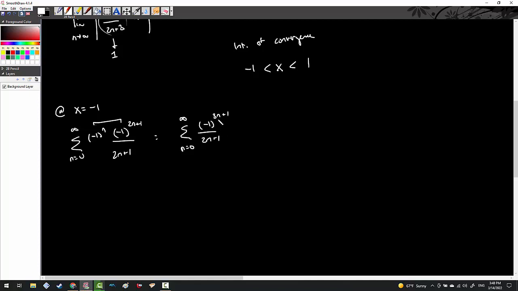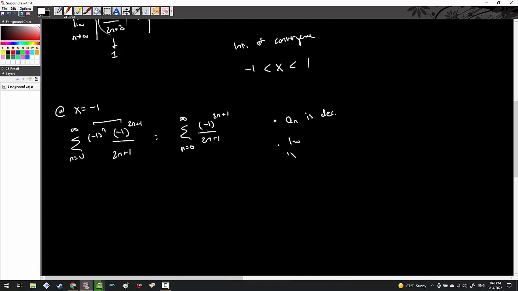Now, if n equals 0, I'm going to end up with 1 here, which is an odd number, so that negative is going to survive. If n is 1, I'm going to end up with 3 plus 1, which is 4, an even number, giving me a positive value. So this series does alternate, which means I can say that a sub n is decreasing.